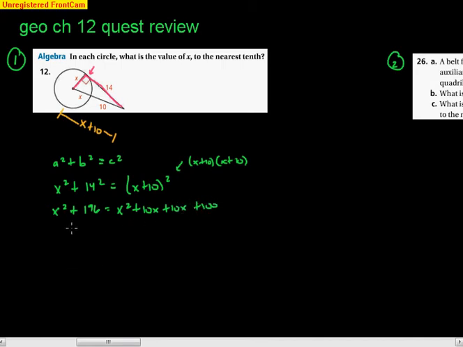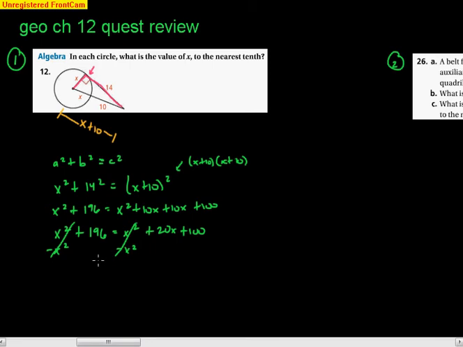And now you should simplify this right side. So x squared plus 196 equals x squared plus 20x plus 100. And now notice you have an x squared on each side. So if you were to try to combine the like terms across the equal sign, you would subtract an x squared, you would subtract an x squared.